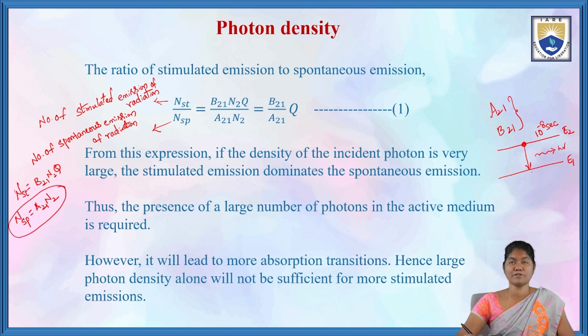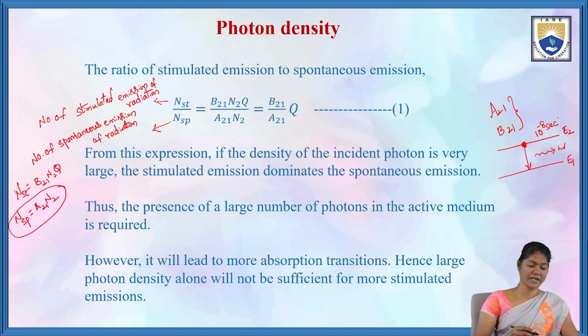So the number of spontaneous emission of radiation does not depend upon the incident photon density, because no photon is interacting with the atom in the higher energy state. So we get the number of spontaneous emission of radiation NSP equal to A21 into N2.